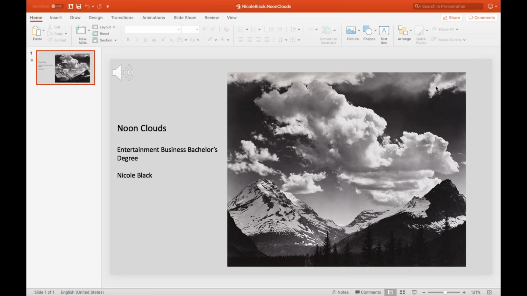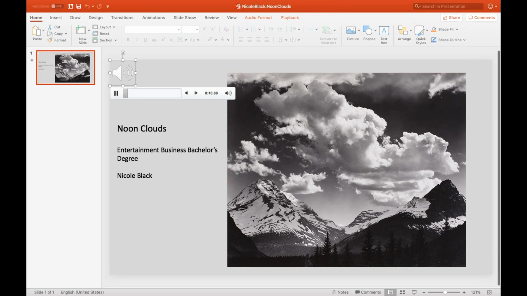Yes. Okay. So see how it's just one image, this piece of clouds, and this student attached audio to it. This photograph, Noon Clouds, was taken in 1942 by Ansel Adams. He is a famous landscape photographer who loved nature, and that love was depicted in this photograph.